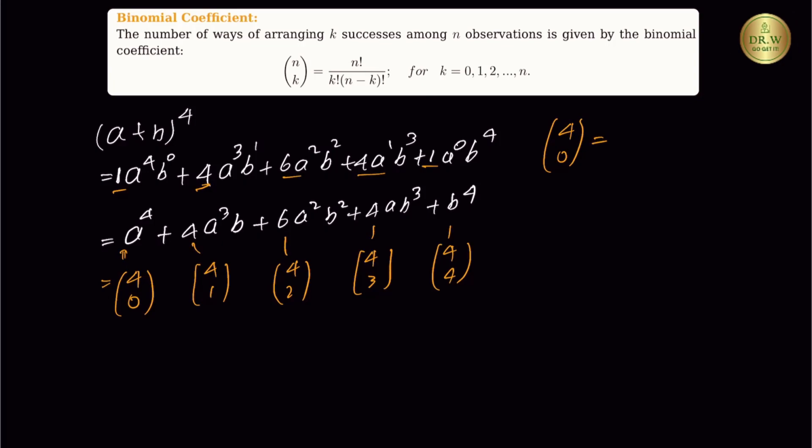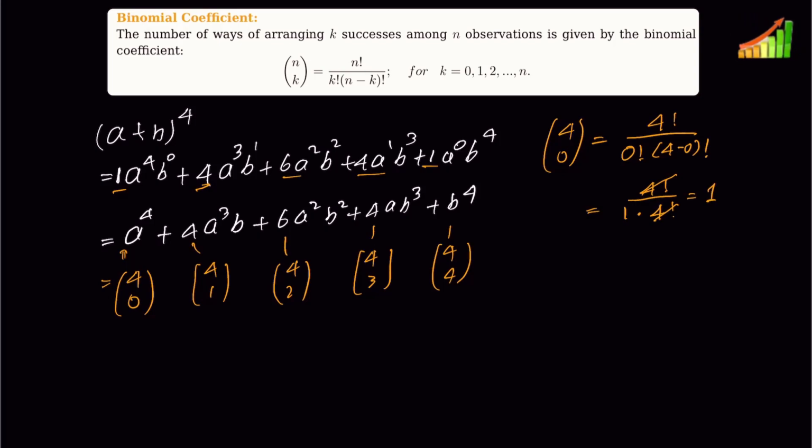According to the factorial formula, factorial 4, factorial 0, factorial of 4 minus 0. Factorial 0 is 1, times 4 minus 0 is 4, therefore factorial 4. That is cancelled out, answer is 1.